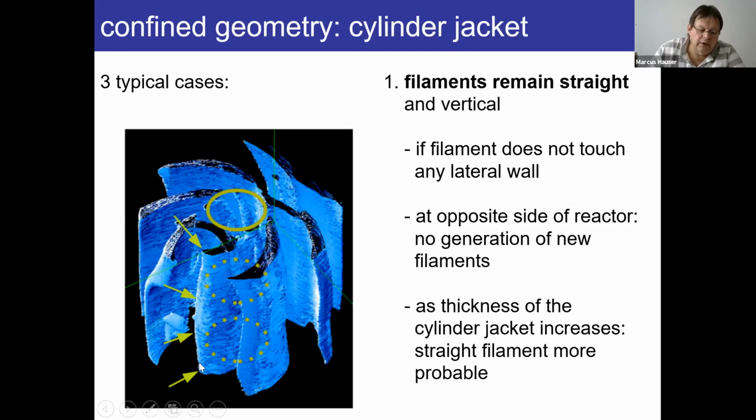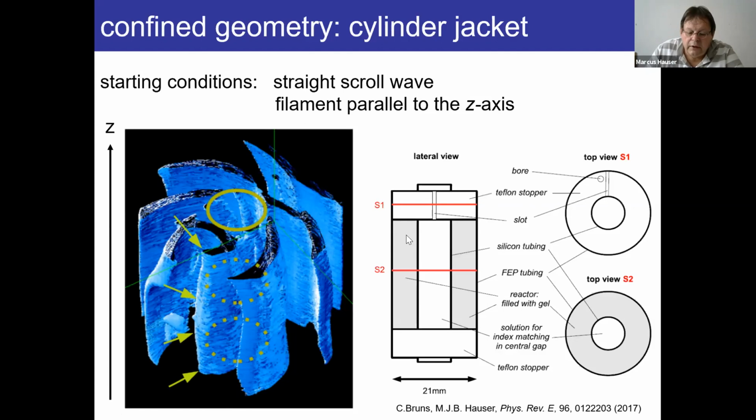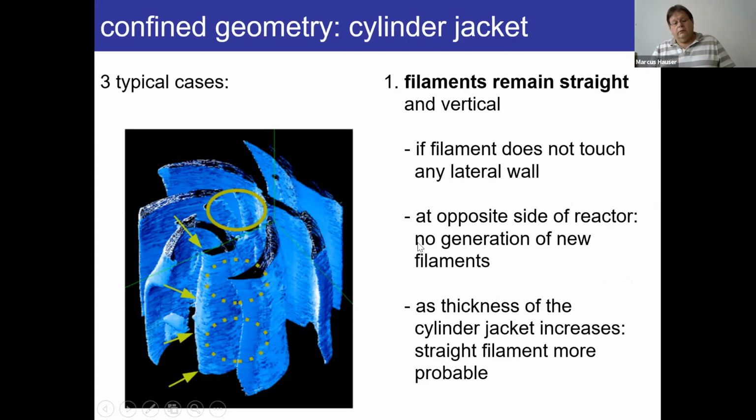So if you started in a thicker cylinder jacket, so if there is sufficient width of this annulus, then the filament has no motivation to touch the lateral wall due to any noise. It will stay like it is. The dynamics is that the filament remains straight throughout the experiment.